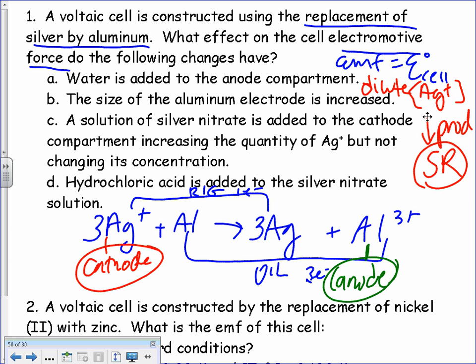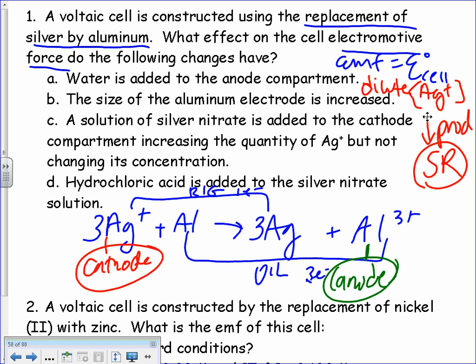If we shift right, forward direction, what does that do to E cell? Increase or decrease E cell? Increase, because you are increasing the driving force of the forward direction. That's the best phrasing I can think of. So here's my 2 cents.